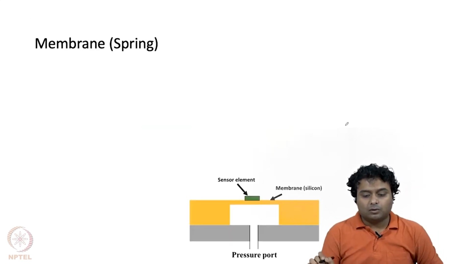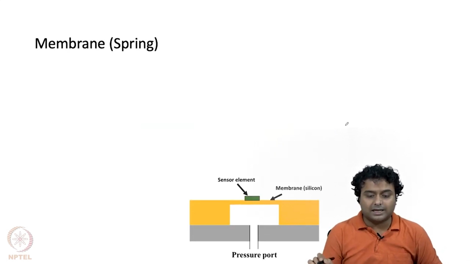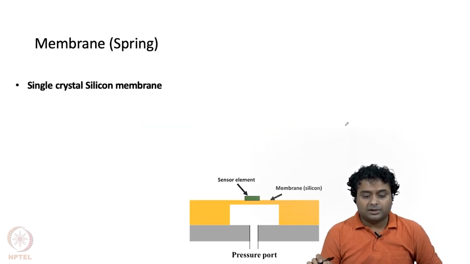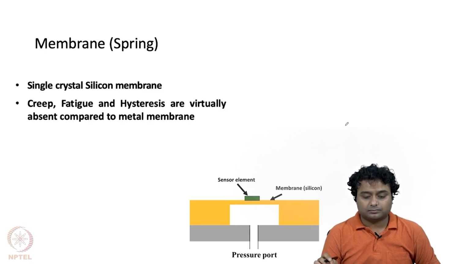Now what can be chosen as the membrane? The first option, or the most popular option, is a single crystal silicon membrane, because the creep, fatigue or hysteresis effects are virtually absent in that case.